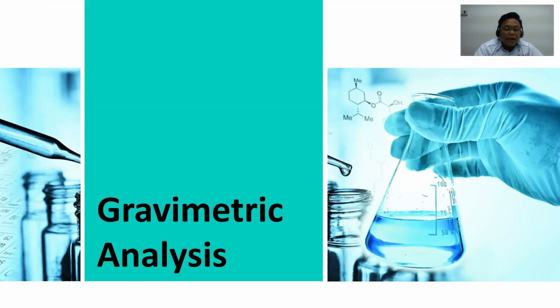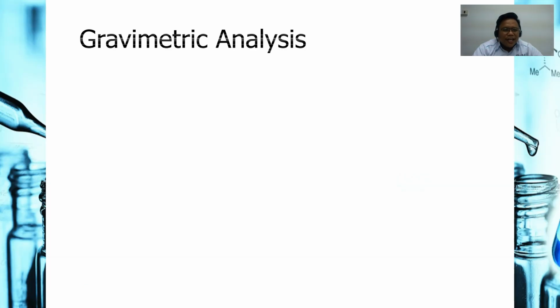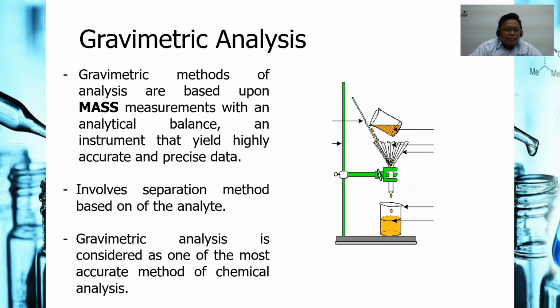I will explain gravimetric analysis first. Gravimetric analysis, GA, is an analysis based upon mass measurement using an analytical balance, an instrument that yields highly accurate and precise data. As I said before, GA involves a separation method based on the analyte.